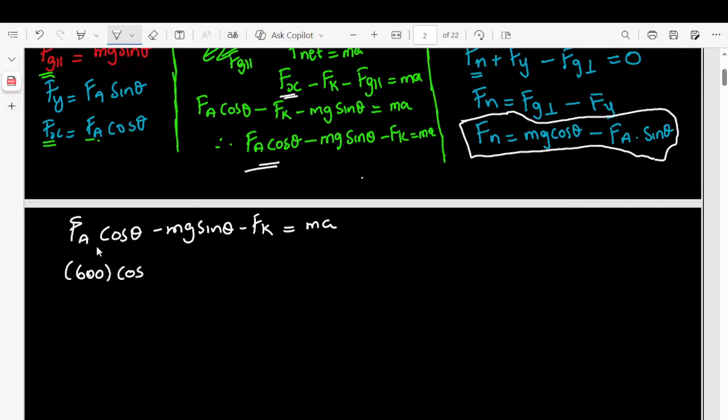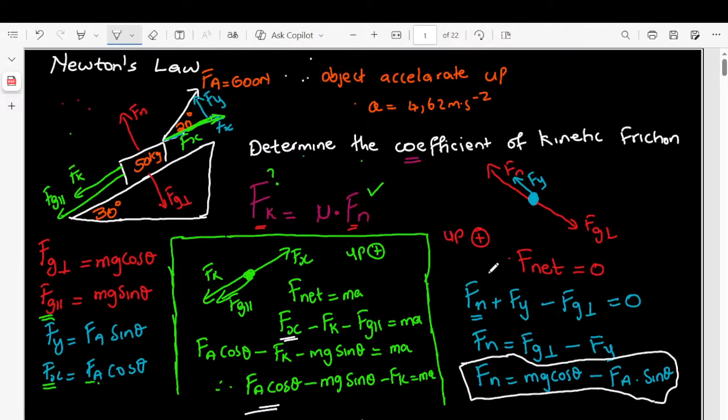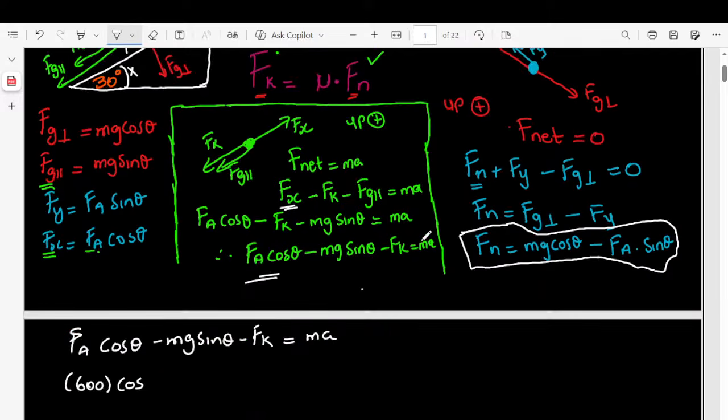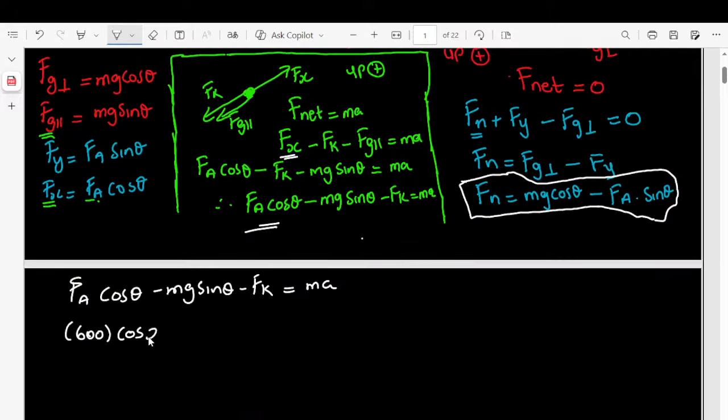So if this Fa cos theta is your Fx, which angle are we using? Please don't use this angle. It's wrong. We use the angle for the applied force. Which angle is for the applied force? The 20 degrees. So this will be the cos of 20. We're going to minus.